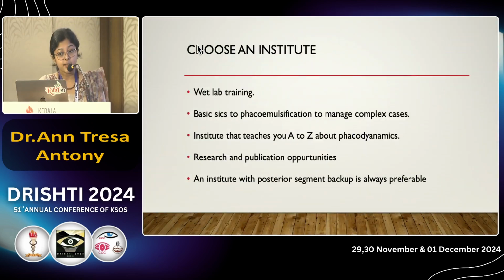Make sure the institute has a good wet lab. Go to the institute where they teach you even the minutest steps sequentially and systematically, that is from basics to SICS to FACO and to managing complex cases. Always prefer an institute with research and publication opportunities, and an institute with a posterior segment backup is always preferable.